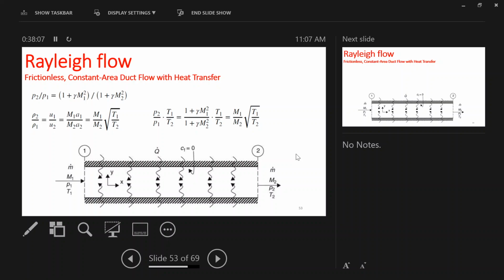The same is true for the other one, T2 over T1. We are just going to use the ideal gas law to replace rho with P over RT. Okay?